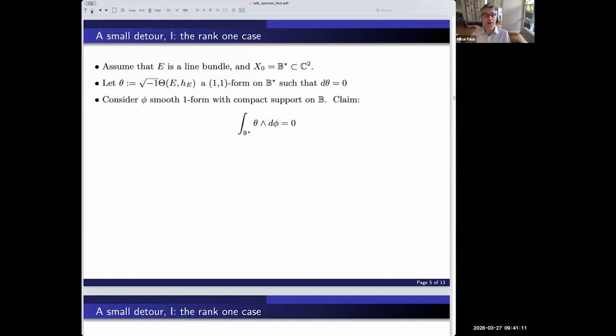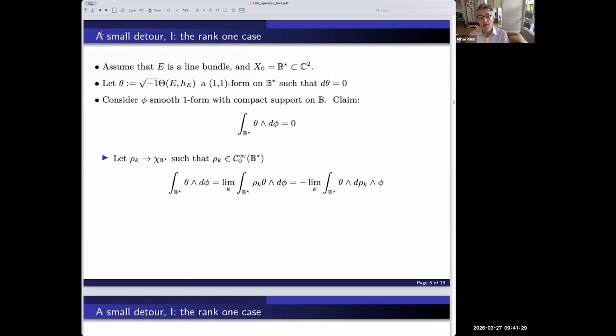And of course, as I guess most of you understood, what we will do is simply to use an approximation. That is to say, we take a sequence of cutoff functions rho_k converging to the identity on B star. And then first of all, the integral we're interested in is this limit, right?